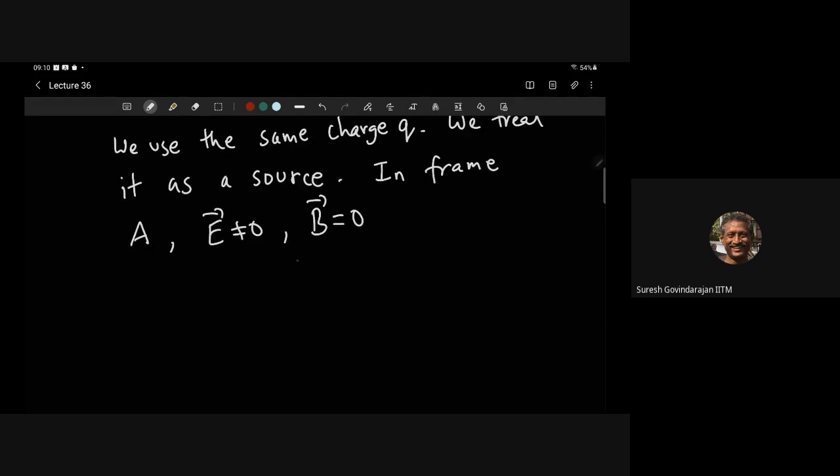In frame A, we can be even more concrete. E is K Q R by R cubed, with the charge at the origin for simplicity only.